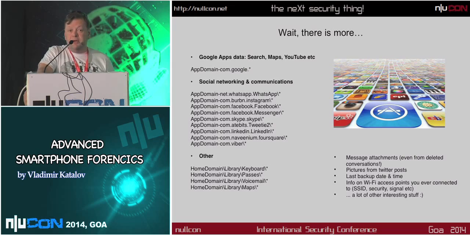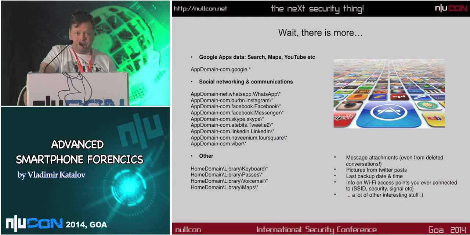There is also a keyboard cache, which keeps almost everything you type on your keyboard. It is saved in a few different files in almost plain text format. And there is also maps data. There is your voicemail. There are message attachments.